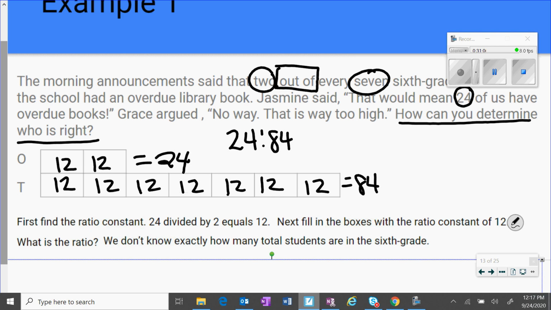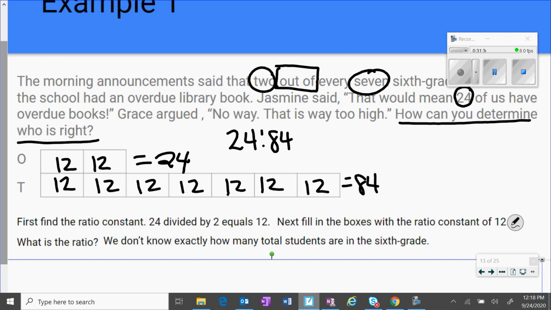So we don't know exactly how many total students there are in 6th grade. If there are 84 students in 6th grade, then the information that Jasmine gave us is absolutely correct. But if there are less than 84 students, Grace is correct. Because if it's less than 84, that means this number needs to be smaller, because my ratio constant is going to be smaller. Make sense?